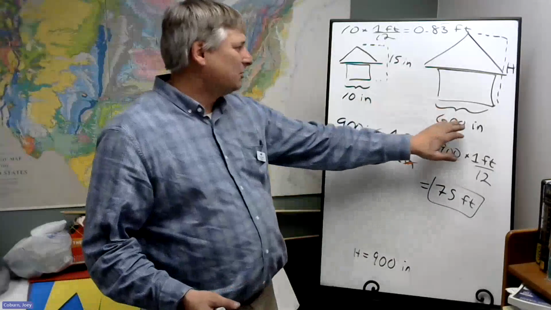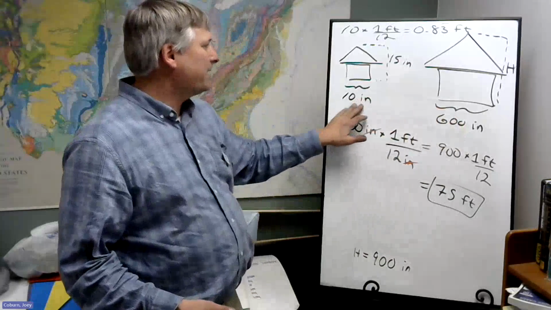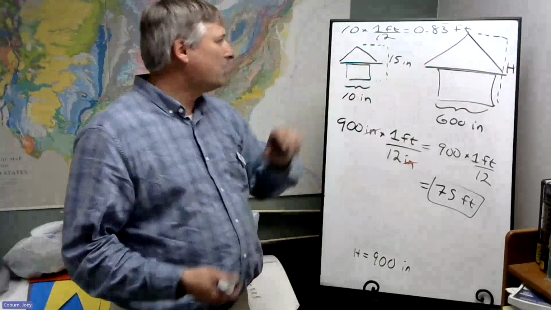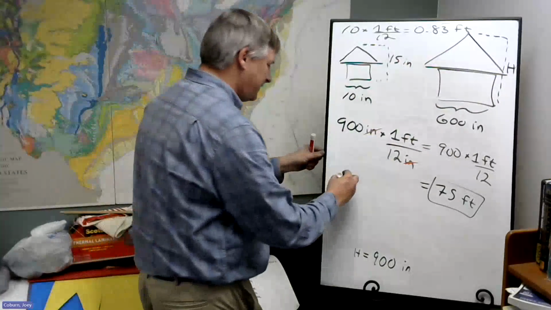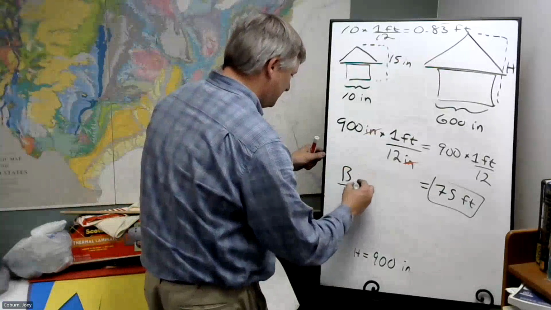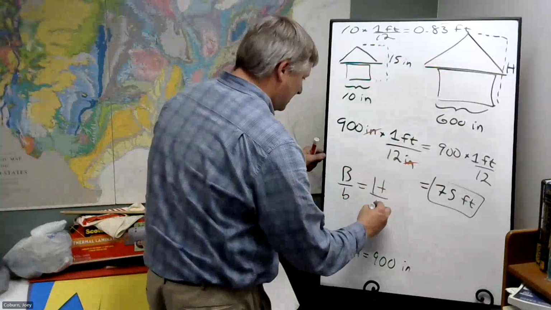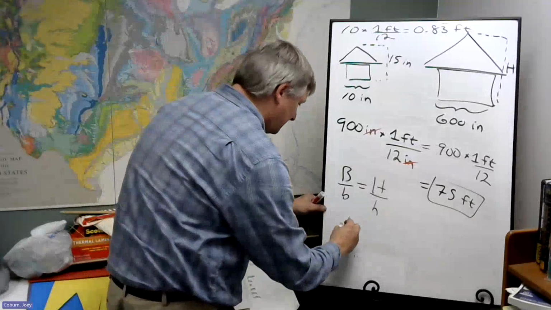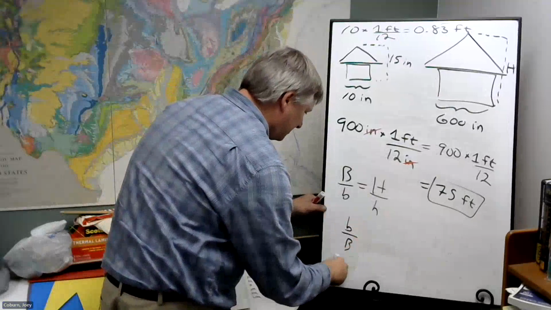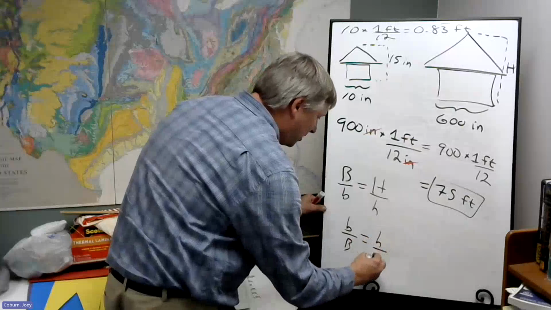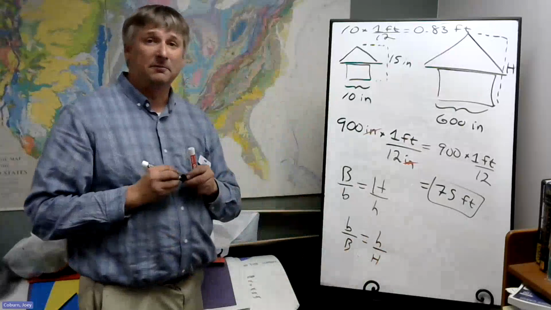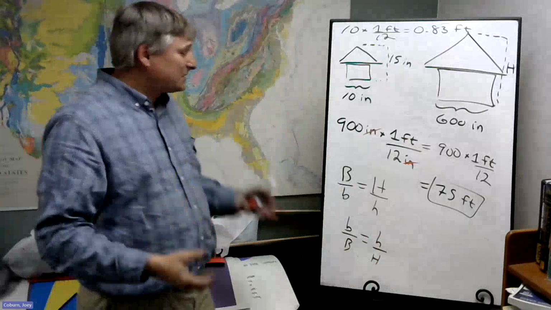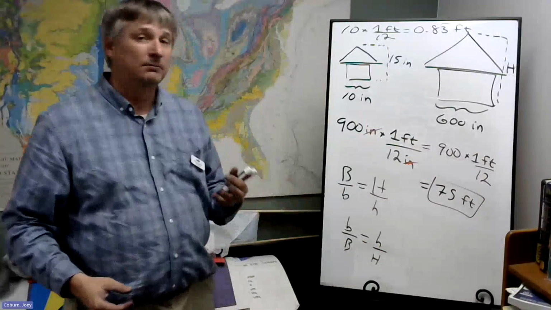And you're going to do large base over small base, large height over small height, or you might abbreviate it like this. But you could, again, flip it. But if you flip one, make sure when you set up, you're also flipping the other. And that's it. So that's scaling. Any questions? Let me know.